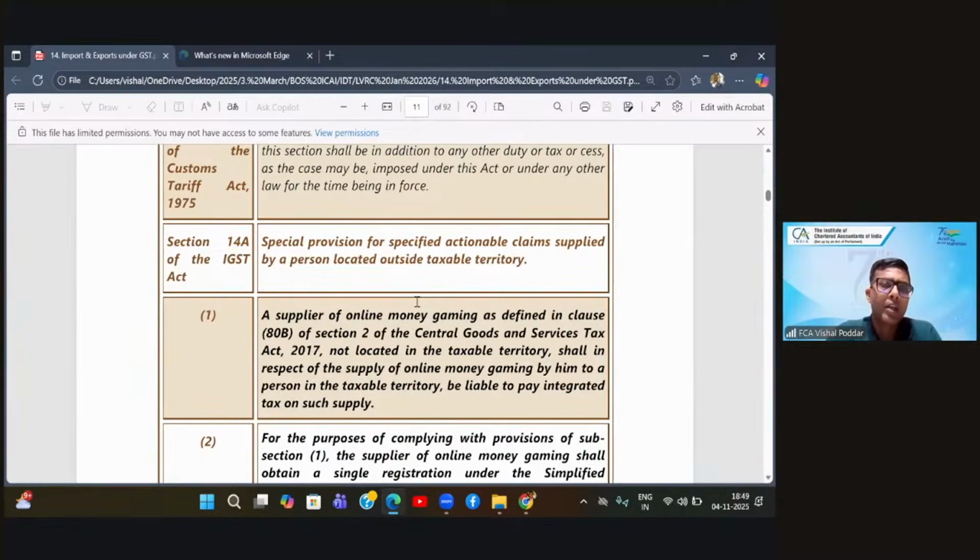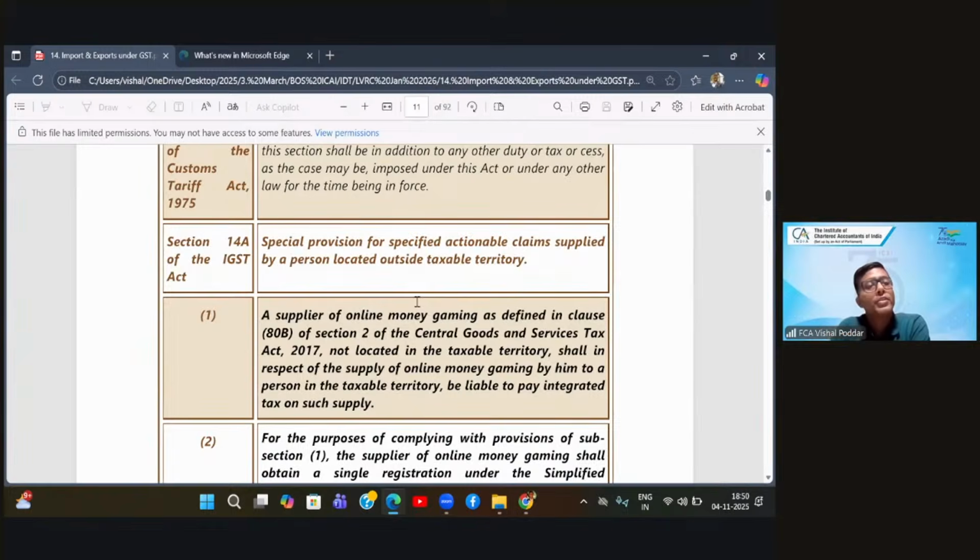Because generally whenever import happens, it is the importer who is liable to pay tax. But here, since the importer, that is you and me, who are availing either the OIDAR services or the online money gaming, we are common citizens, and since we are unregistered in India, so for us, only for such one-off transactions, registering and paying tax may be not possible. So for us, Section 14 and 14A have been introduced. 14 was there originally. 14A is introduced very recently after the amendments relating to online money gaming were introduced.